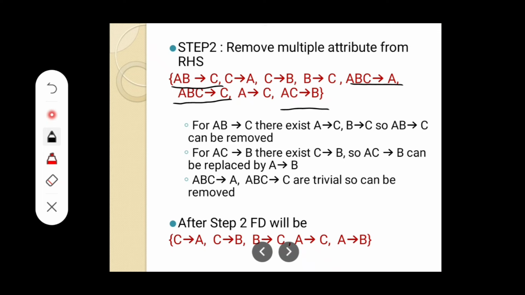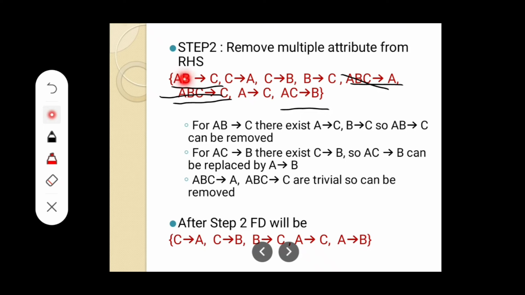This is not having anything common. Okay, so we can remove this functional dependency and this functional dependency since they are trivial. So this is the case. So here they have removed ABC determines A and ABC determines C because they are trivial.